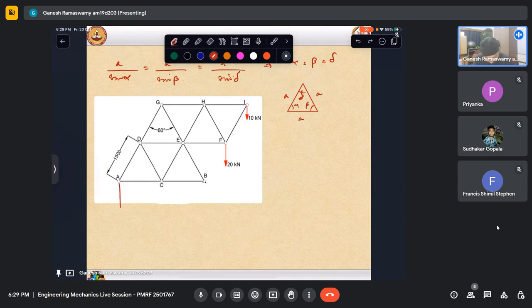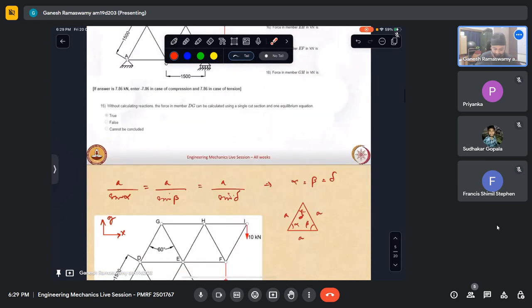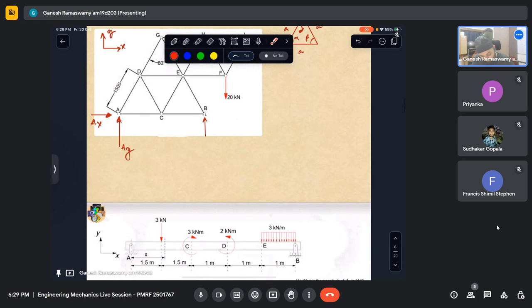This is a hinged end, so it will have two reactions, which will be AY and AX. Call this X, let this be Y. And this happens to be a roller in the question. A roller will offer only vertical restraint, so this will be BY.